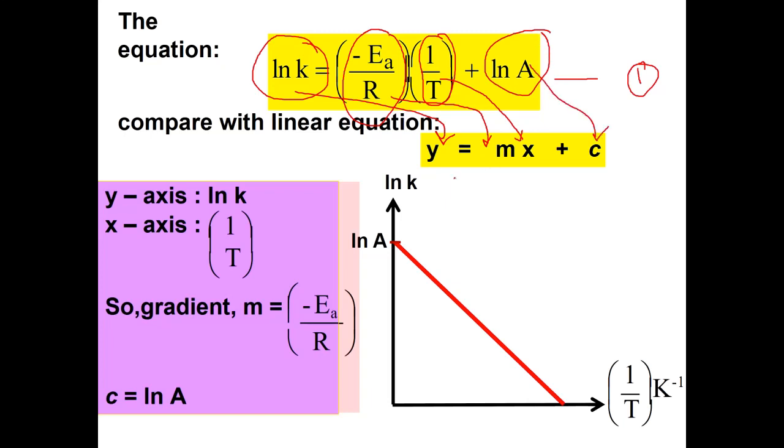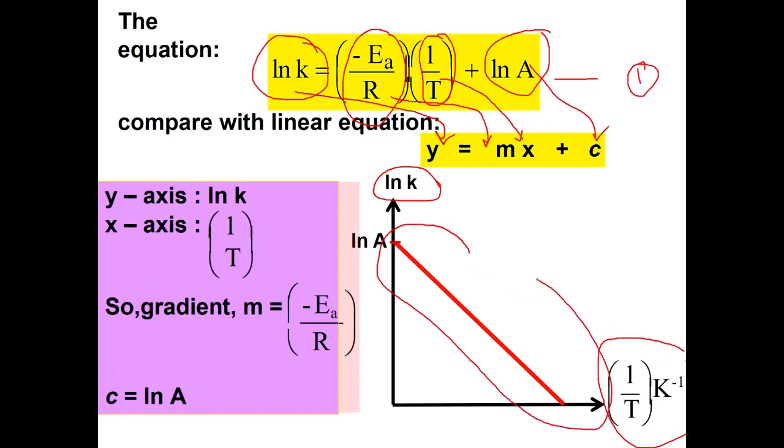When we plot ln k versus 1 over T, we can get this line, the red line.